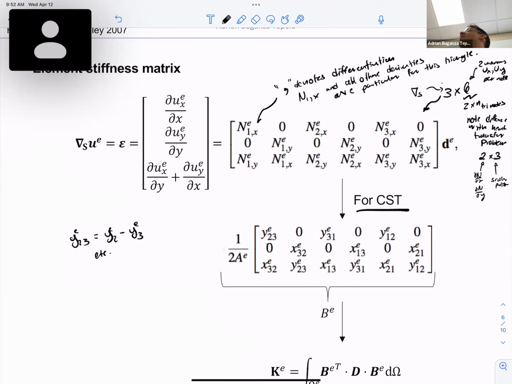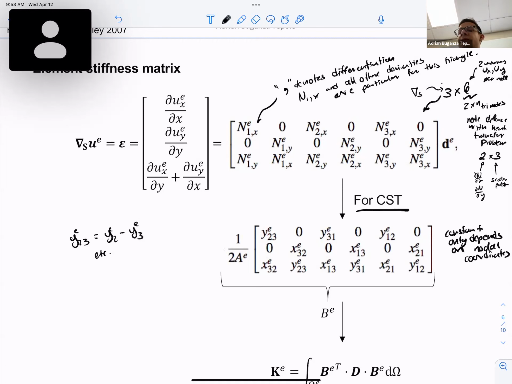There's no function of x or y. This only depends on the nodal coordinates, but it doesn't change inside of the element.